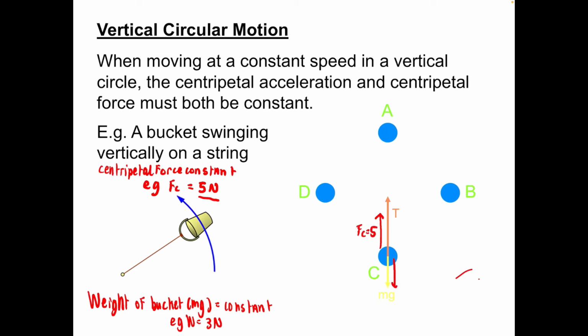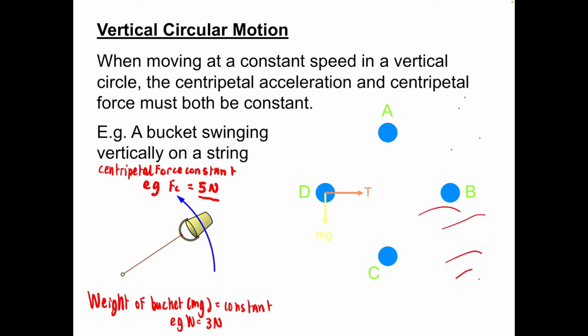Our weight is 3 newtons. Therefore, we should see that our tension is greatest at point C. It needs to be 8 newtons to provide a resultant 5 newton centripetal force.